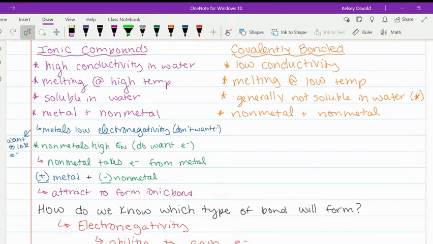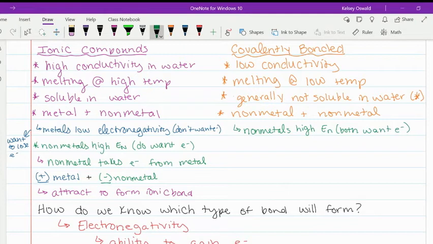This is different than our covalently bonded compounds, because a covalently bonded compound has two nonmetals together. So if we have two nonmetals, both of these are going to have a high electronegativity. That means they both want that electron.